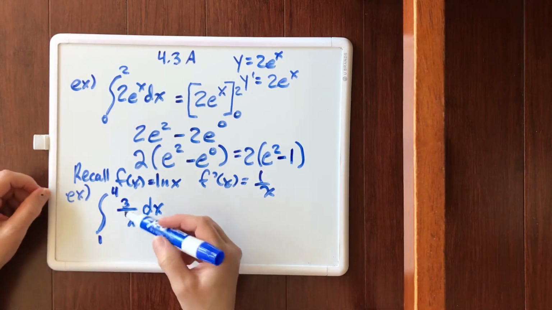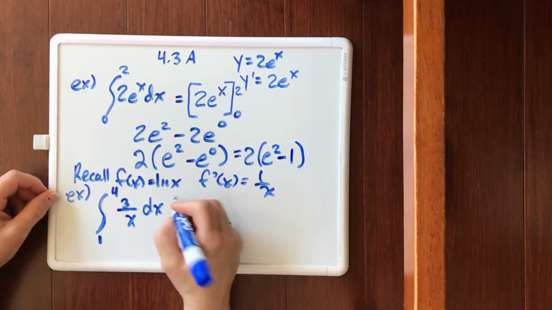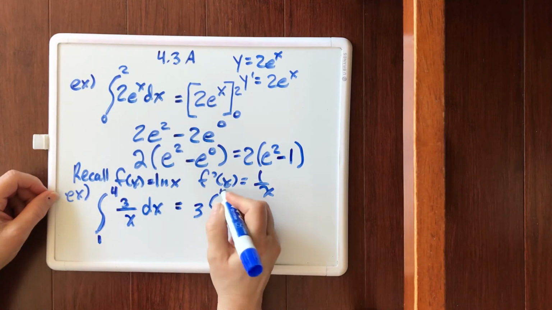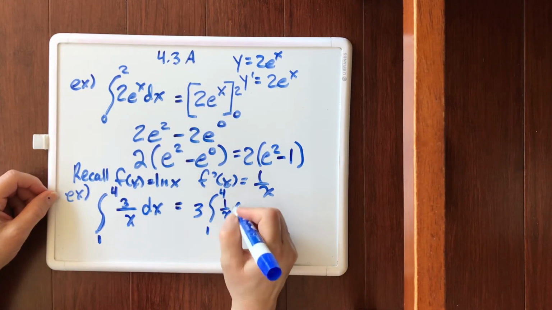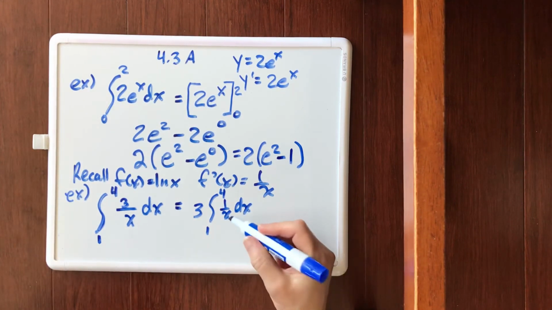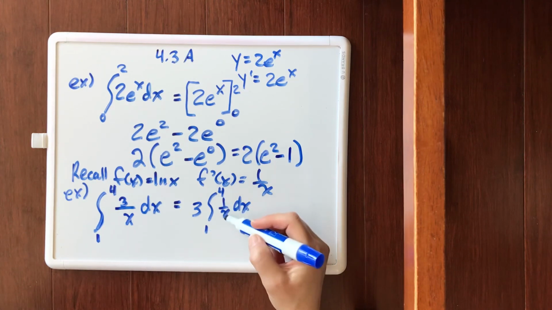Okay, so this is 3 over x from 1 to 4 dx. So let's take out the 3, 1 to 4, 1 over x dx. Now remember, we're integrating, and we're going from 1 to 4, so x is not going to be less than 0.